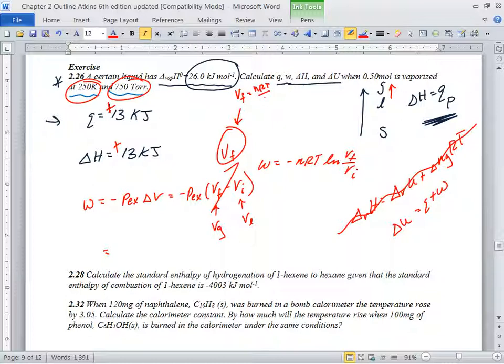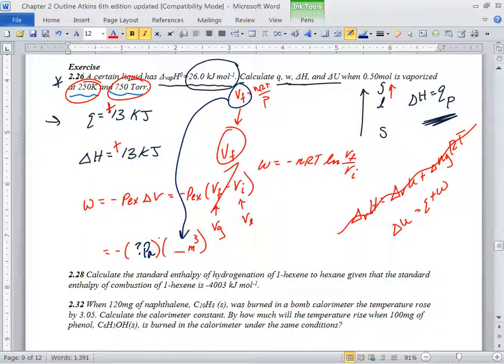So we can calculate VF. What units does it need to be in though? Meters cubed. So make sure you get that. Once you get it, plug it in down here. What do you put right here though? Has to be pascals.